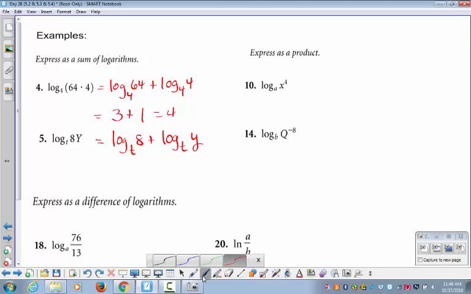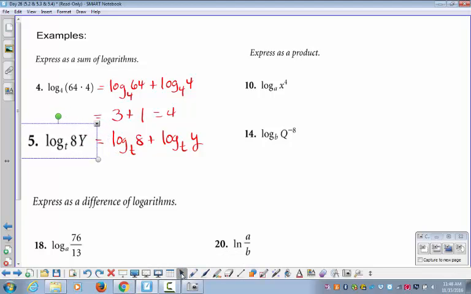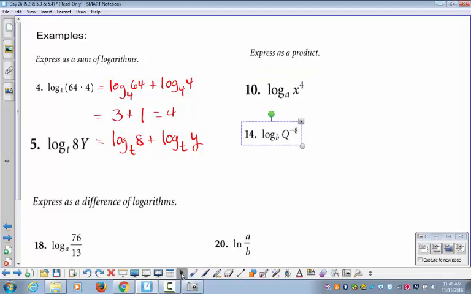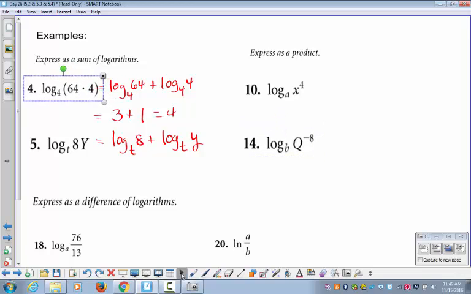So writing it as a sum of logs is simply log base t of 8 plus log base t of y. Any questions? Pretty straightforward.